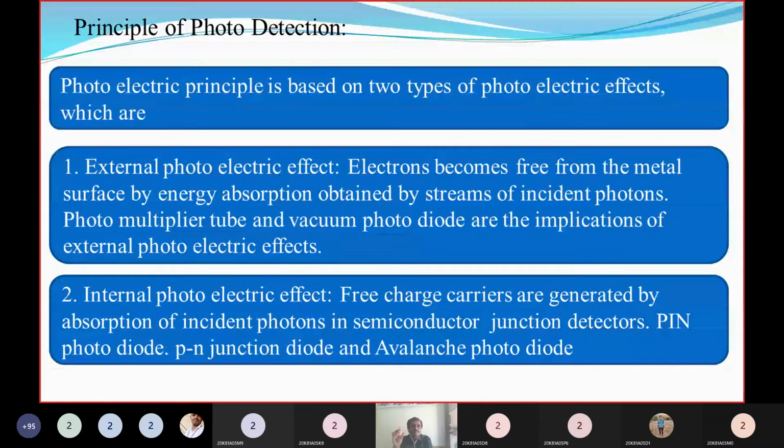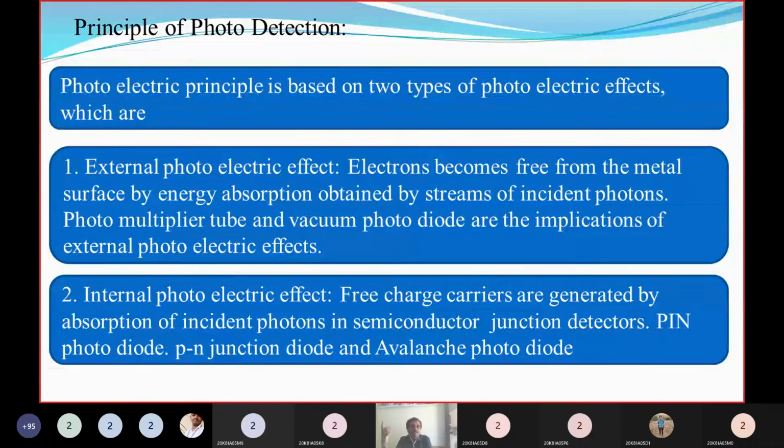Whenever light is incident on a metal surface, that light energy is absorbed by the electrons, and those electrons come out from the metal surface.